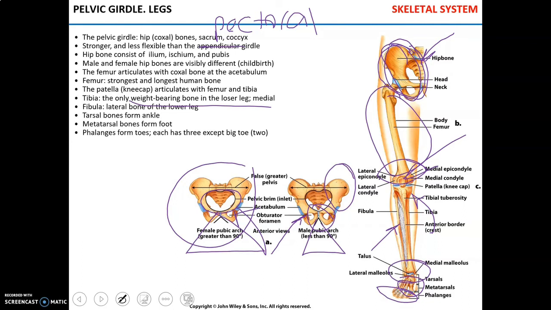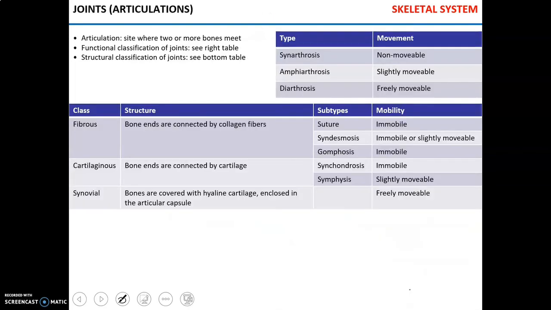Just as in the hand, there are 4 phalanges in fingers 2, 3, 4, and 5, while in the big toe, there are only 2 phalanges, proximal and distal.